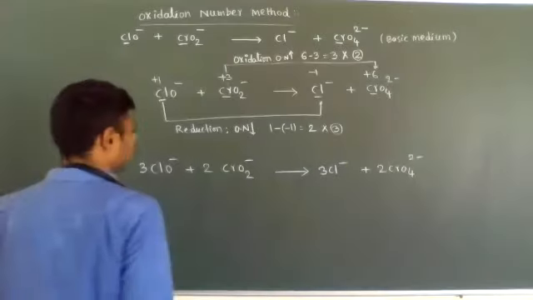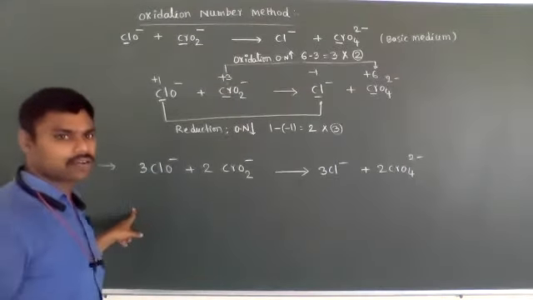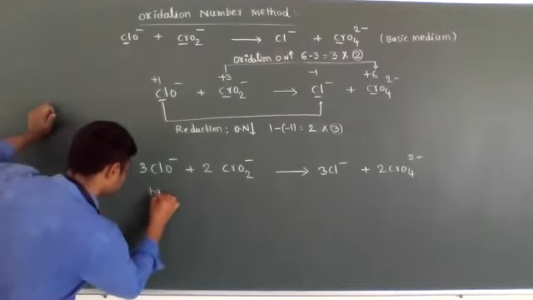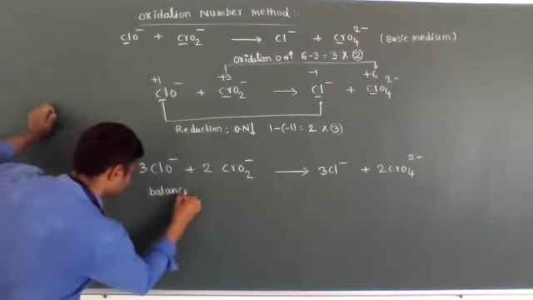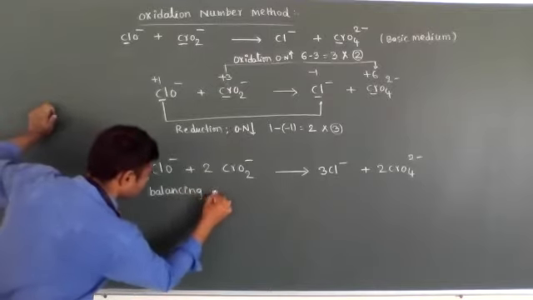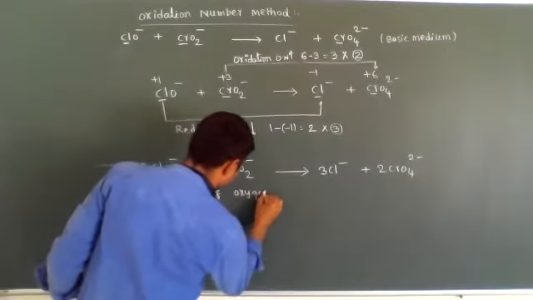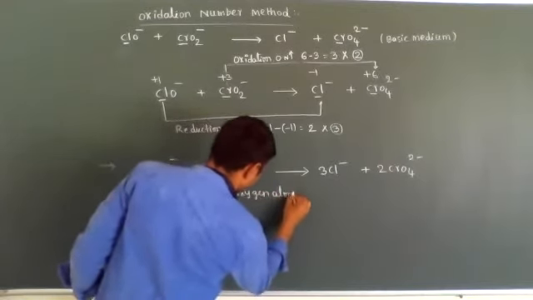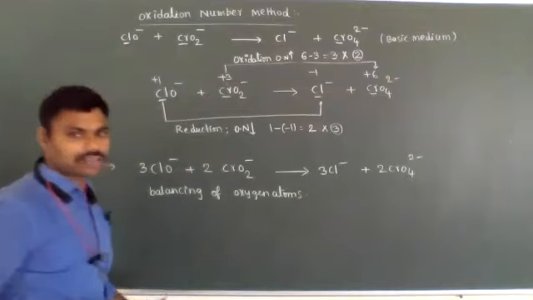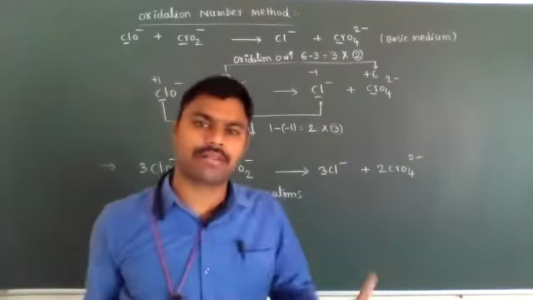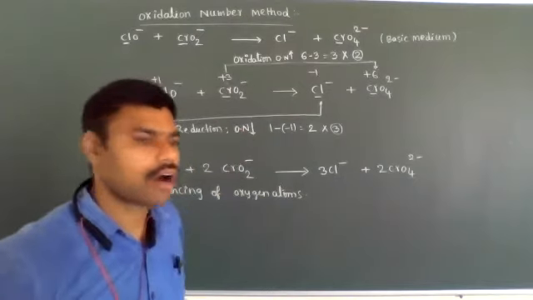Now still we need to balance oxygen atoms and then hydrogen atoms. Balancing of oxygen atoms. How to balance the oxygen atoms? Either in acidic medium or basic medium, just by the addition of water molecules.